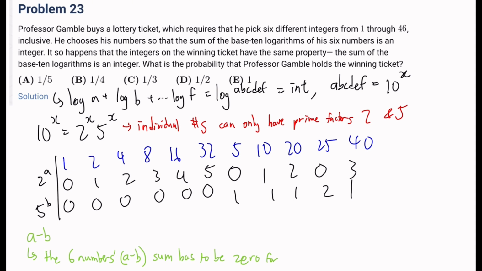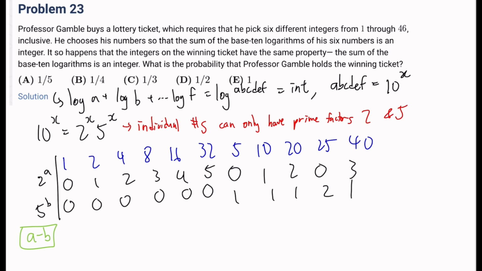For the power of 2 and the power of 5 to be equal, that's why we are checking a minus b, and we want the sum of them to be 0.